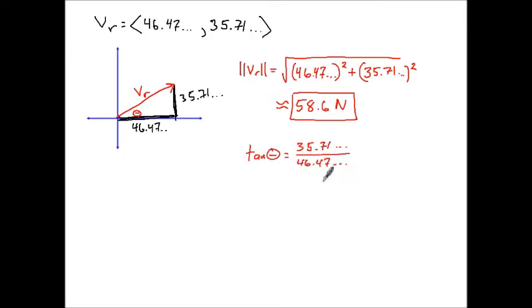Again, you've got to use all those decimals. Trig is a little bit touchy, and rounding can throw things off. So basically now I'm doing the inverse tangent of that icky fraction. Should give me a theta value that I can work with.